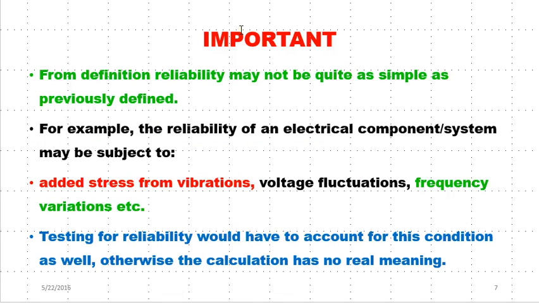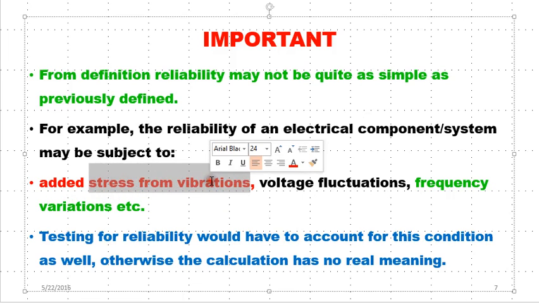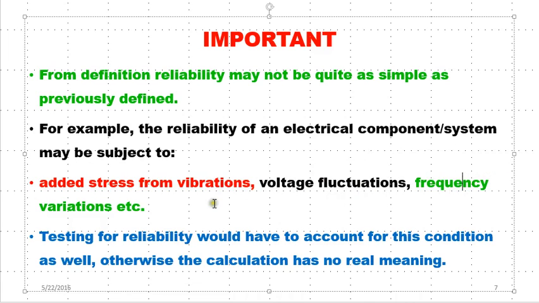So there is another important thing we need to highlight from our definition. We said reliability is the probability to perform a required function under stated conditions, and we know the reliability of an electric component must consider what kind of stress it is subjected to: vibration, that's mechanical stress, what kind of voltage fluctuation, what kind of frequency fluctuation, current.